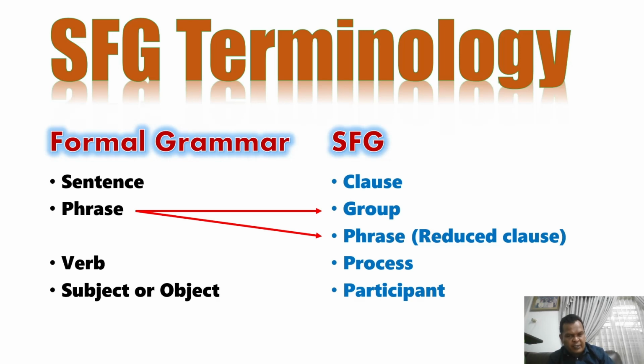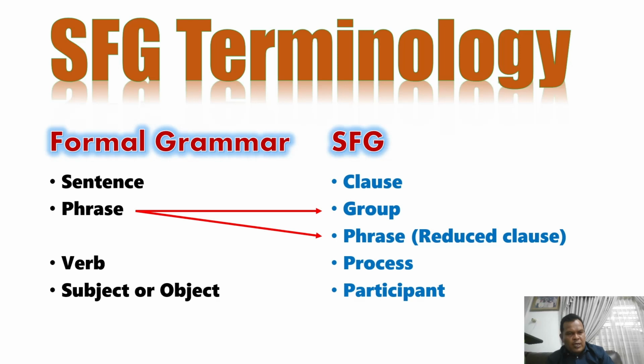It is called a group. A group is a group of words without any process, without any predicate in the terminology of formal grammar. So phrase is limited to a group of words which is the result of a reduced clause.